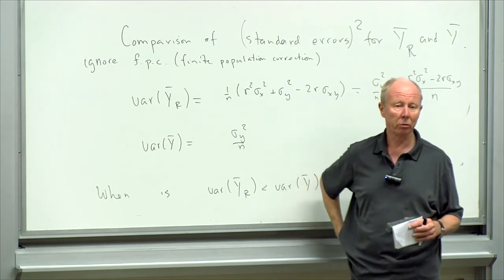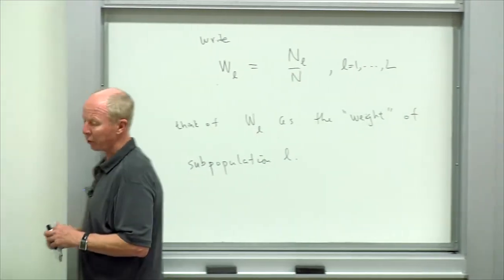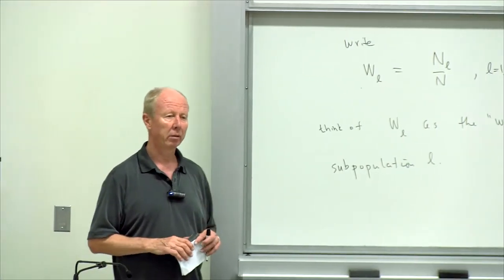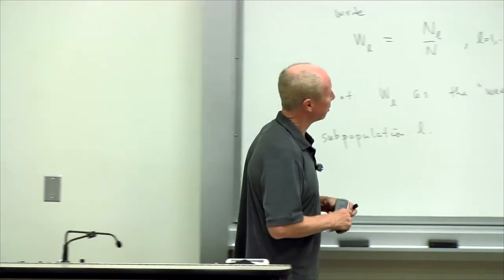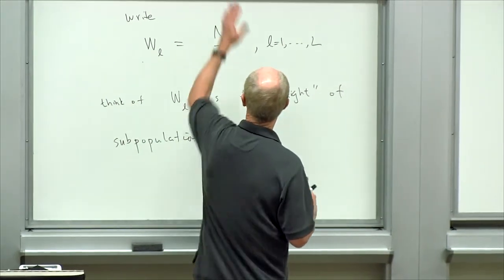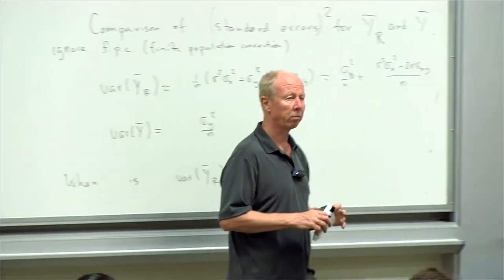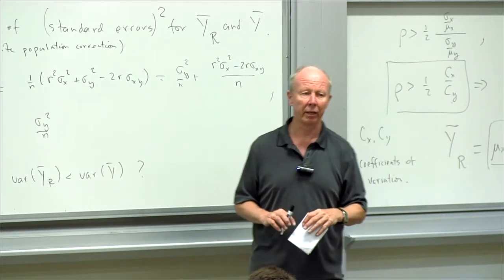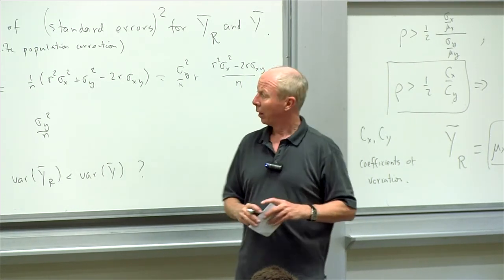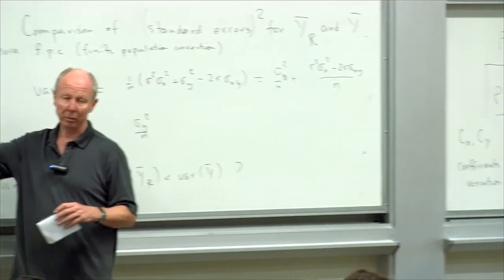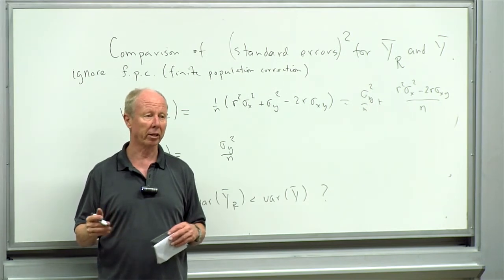Capital L could be 50, and then you check the unemployment of women between 30 and 40 in each state, and then you make some combination of your sample and try to estimate the total unemployment figure for this group. Or L could be the number of regions. Maybe you would divide the US into regions like the West Coast, all the states west of the Rocky Mountains, maybe the Great Plains states, Southeast, Midwest, the Northeast. And then in that case, capital L might be something like 5. And then you study unemployment figures in those regions, and then you combine them in some way.